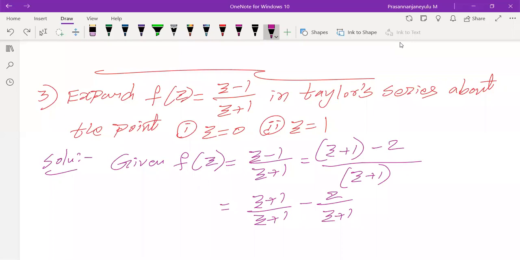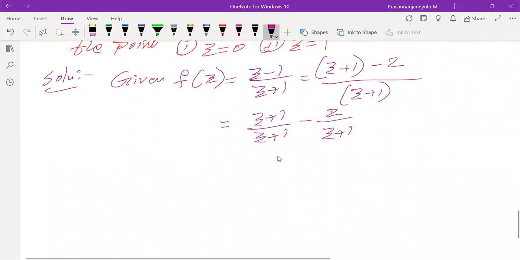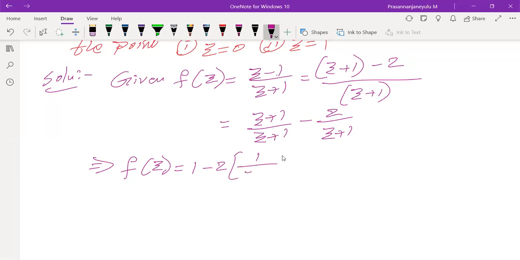But why am I doing it like this? The reason is that we do not have any expansion for z minus 1 by z plus 1. So what is the first term going to become? That implies f of z will become 1 minus 2 into 1 by 1 plus z.